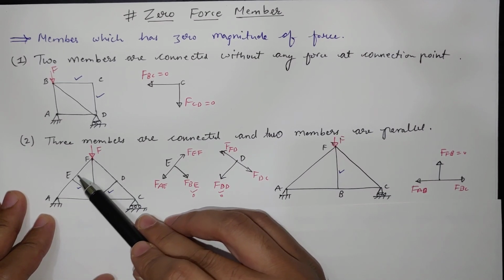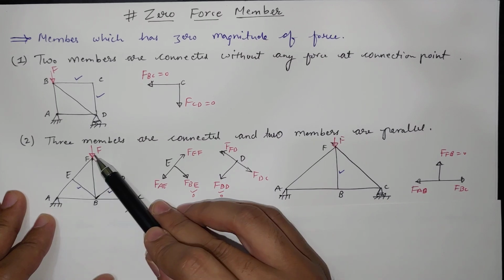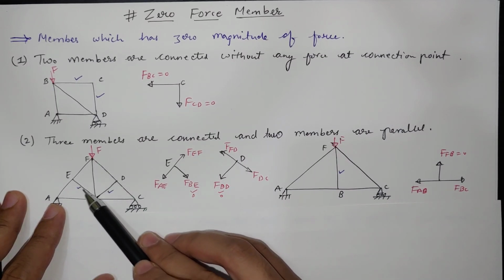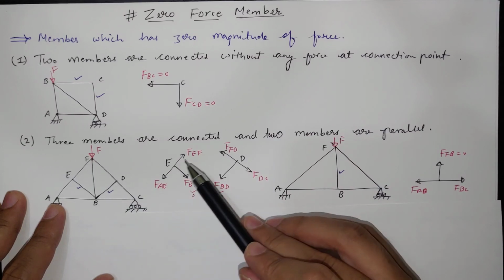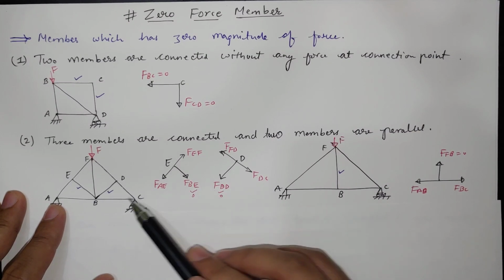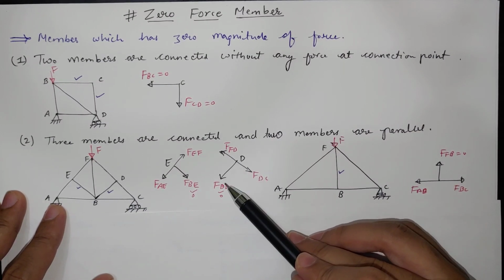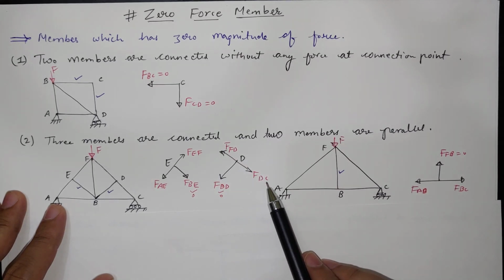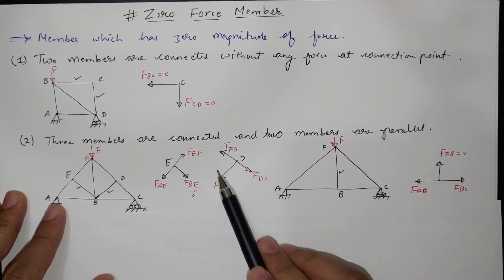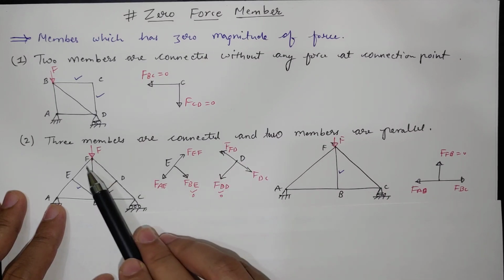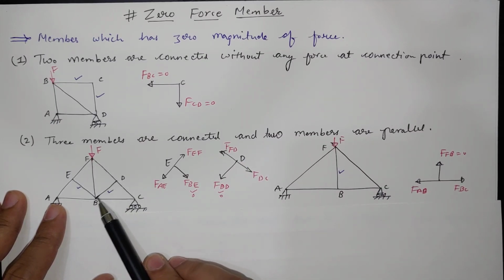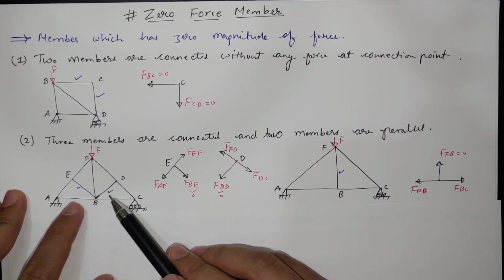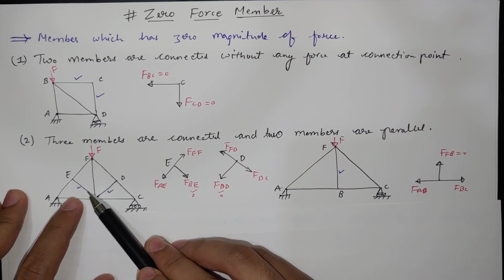Both these members transfer load directly because they are parallel, and even if BE is not at 90 degrees, it will be a zero force member only. Similarly, due to symmetry, BD will also be a zero force member, because force FD and force DC will be equal, and these two members are parallel while the other member is at some angle. So these two are zero force members, and now they are not taking any load.